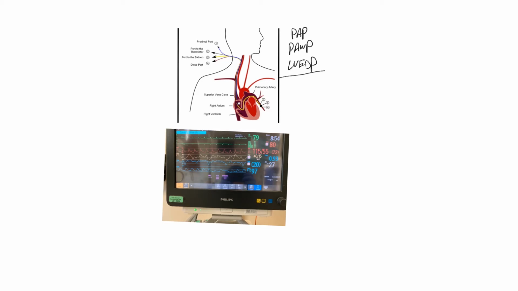I'm gonna skip talking about the RV pressure because, as I said, usually we check it only during insertion, and really we don't have much clinical value of that during our management. We mainly focus on these numbers we just mentioned, the CVP, and now we're gonna talk about the pulmonary artery pressure, the wedge pressure, and diastolic pressure.